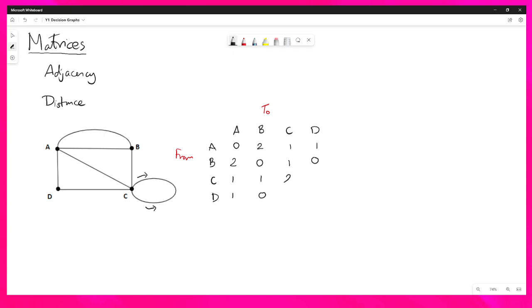So we in fact have two that we put in this element here. This is a weird one with this loop, which is why it's a little strange and uncommon, but can happen. And then C to D, we've only got one. And finally, D to D, there are no arcs joining D to D.